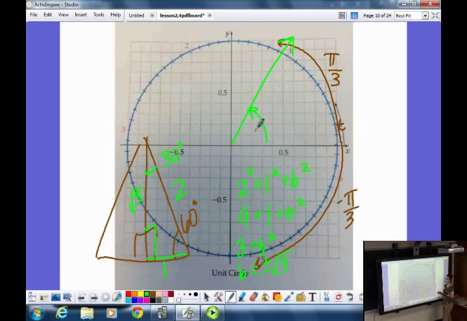Adjacent over hypotenuse. And pi over 3 is which angle? The 30, 60, or 90? The 60. So if I'm using this as my theta, the adjacent side length is what? 1, and then the hypotenuse is 2. So cosine of pi over 3 is equal to 1/2.